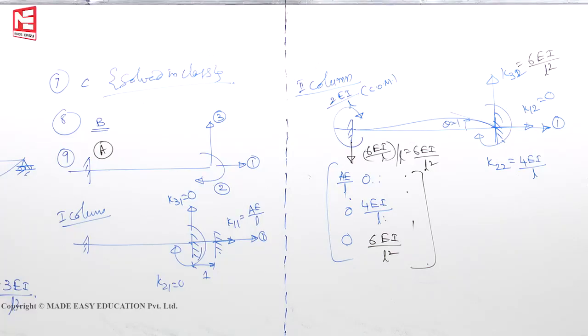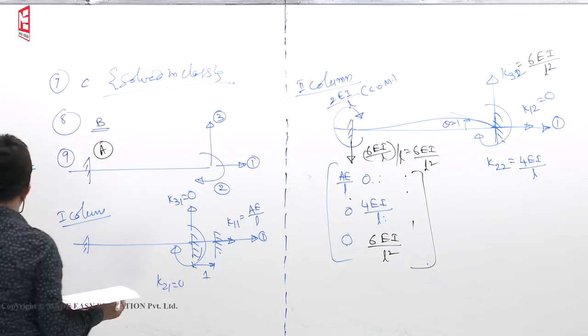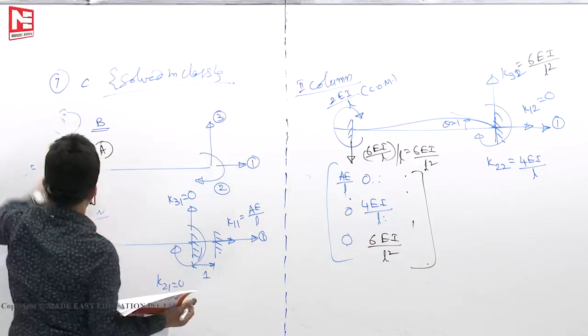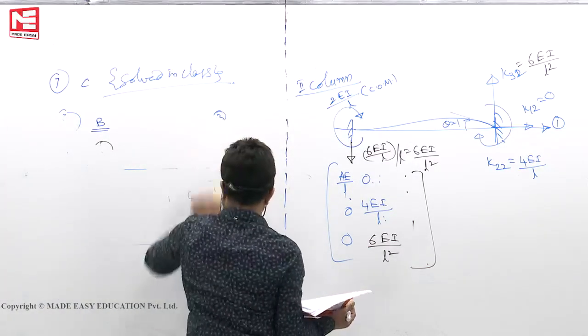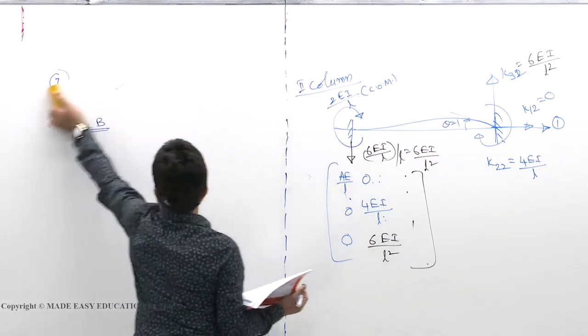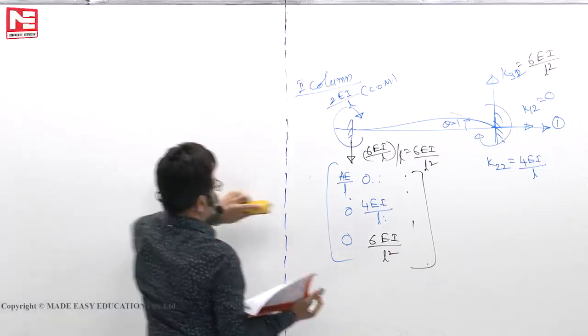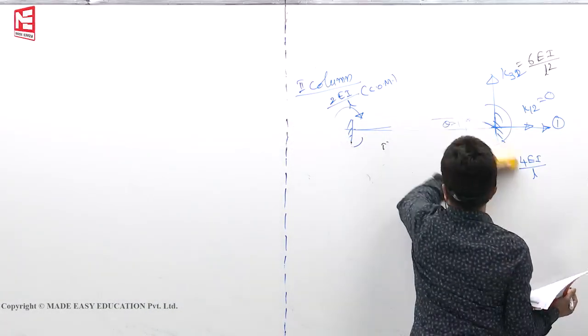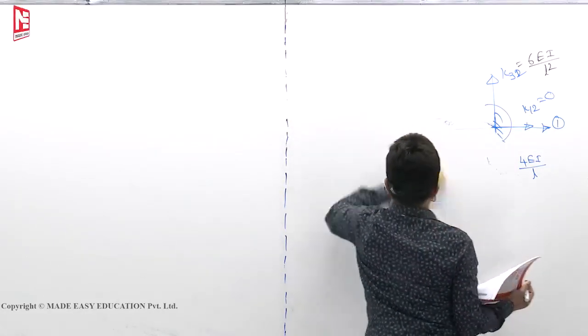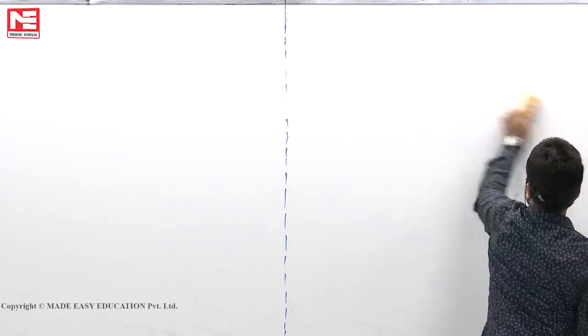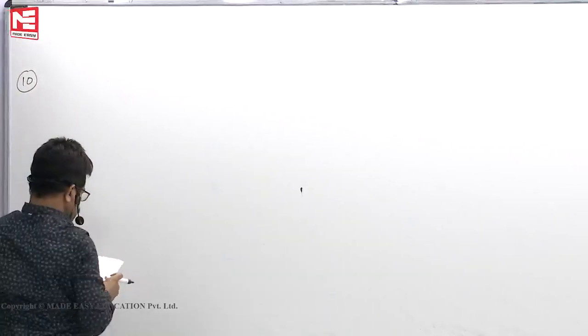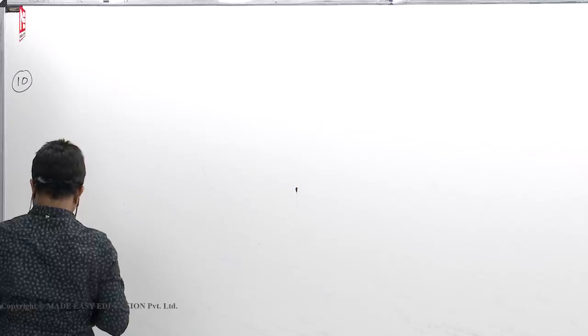Next one, 10th question. Stiffness matrix for the rigid frame with respect to the coordinate axis generated.